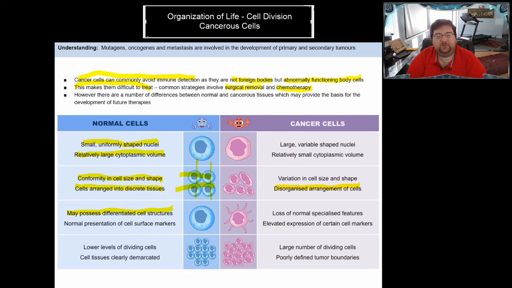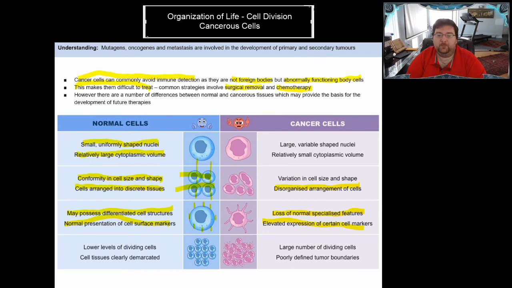Normal cells have different cell structures within them and on the surfaces, right? We can have proteins on the surfaces, and they're going to present normal cell surface markers. So the peripheral proteins on the surfaces are going to be normal, and in cancerous cells, the organelles within your cell might not function, you might not have those cell structures because your DNA is now mutated and not functioning properly.